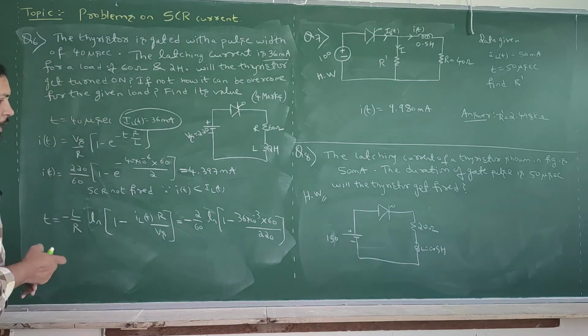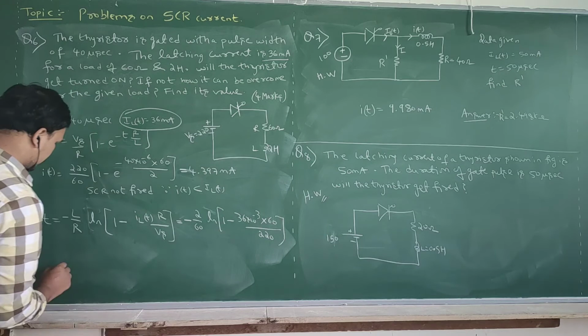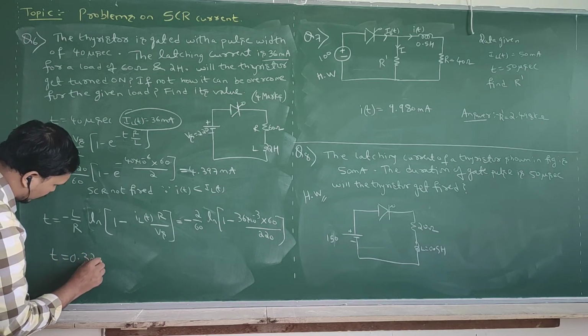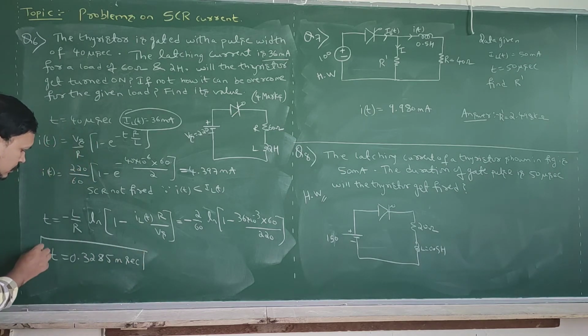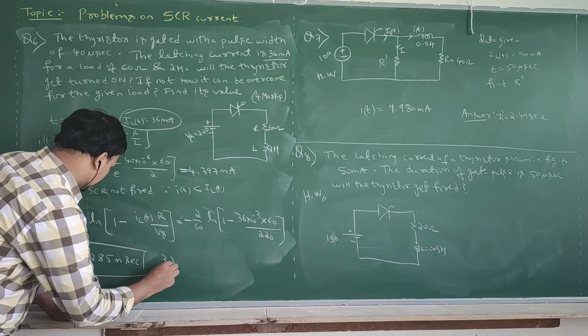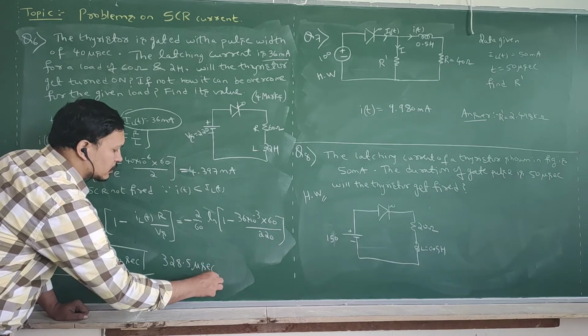Okay, got it? I hope you understood this. Now using a calculator, find this. By finding that, you will get 0.3285 milliseconds. Check out, 0.3285 milliseconds or 328.5 microseconds.